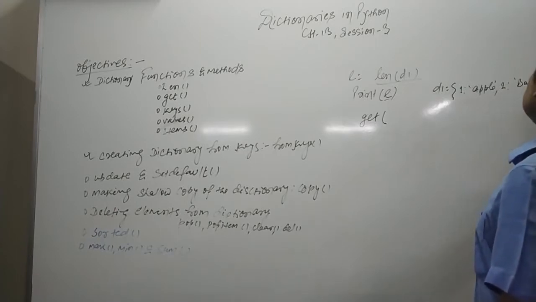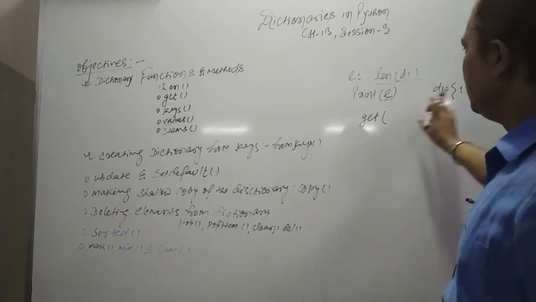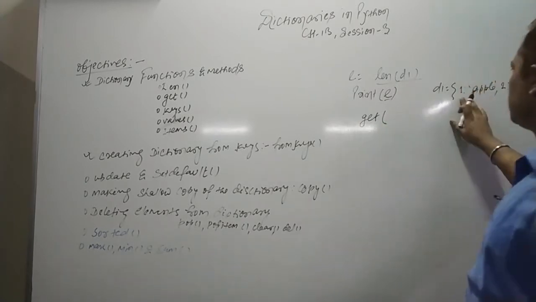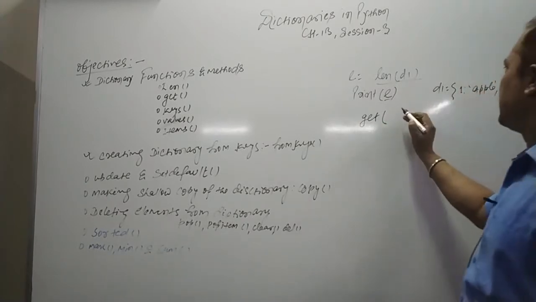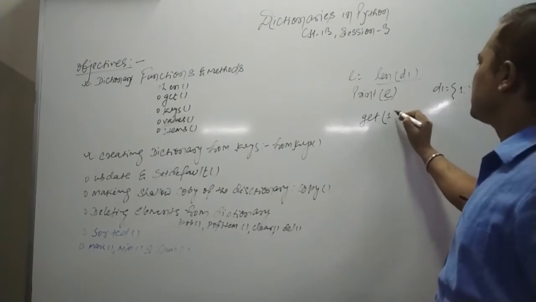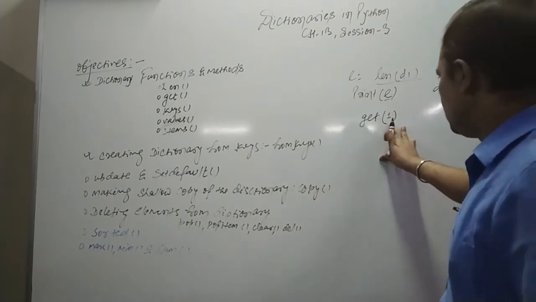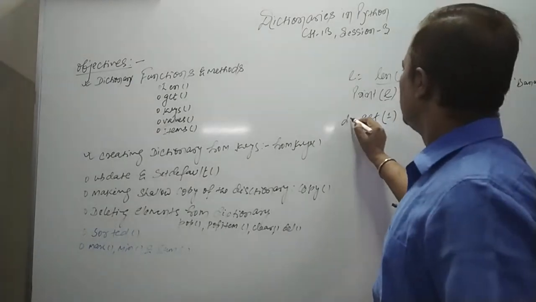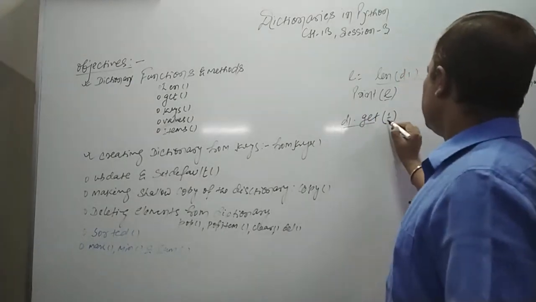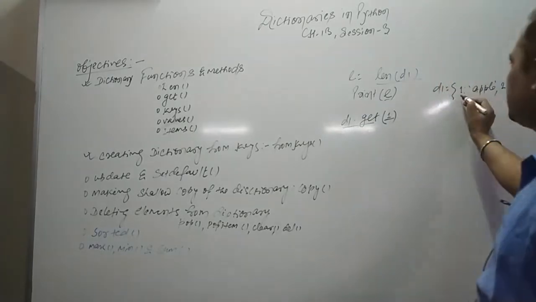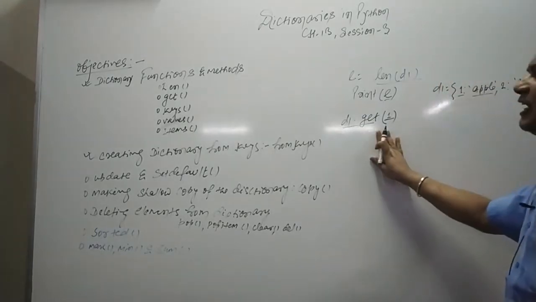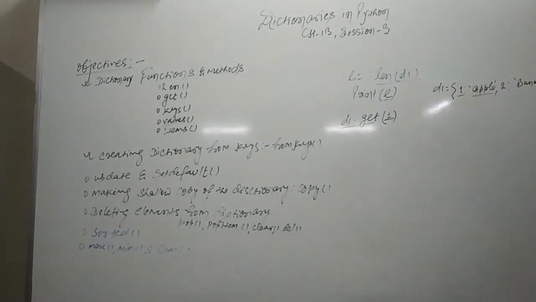If I want to know what item one key has, you can say get 1. You have to pass the key. So you say D1 dot get, and under brackets you pass the key. Here 1 is a key, so it will give you apple as an output.